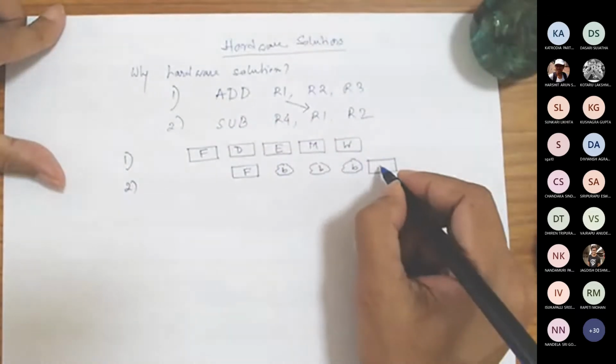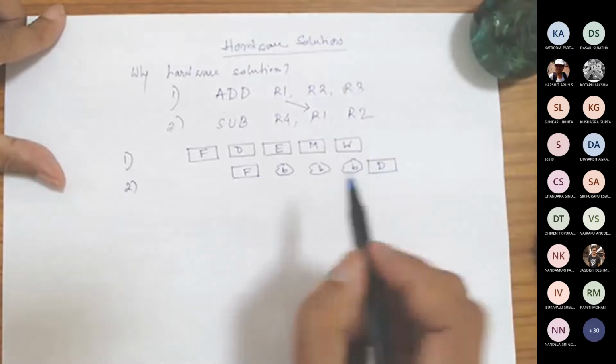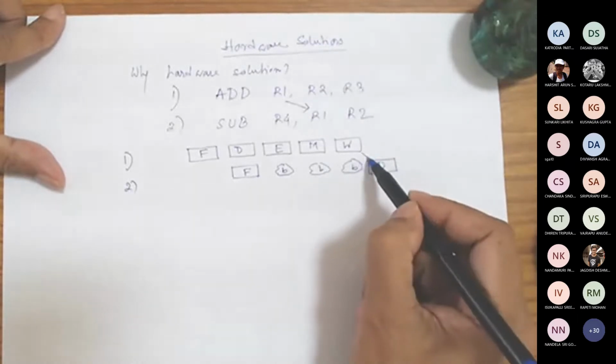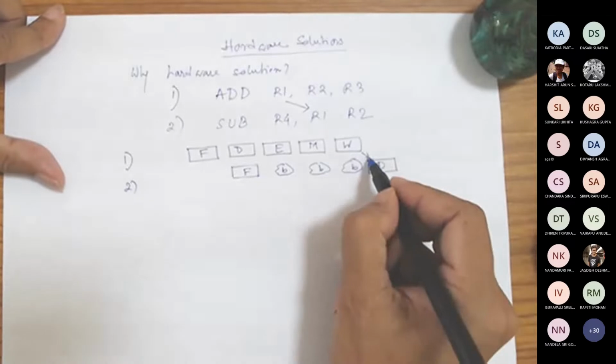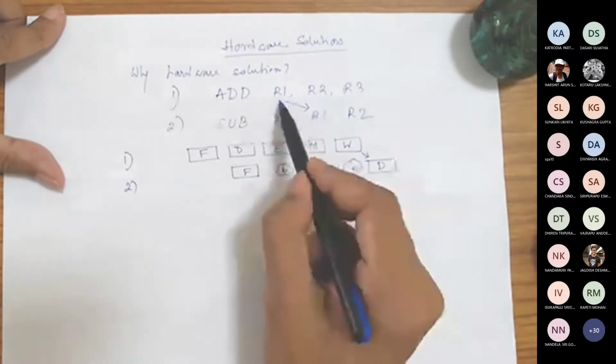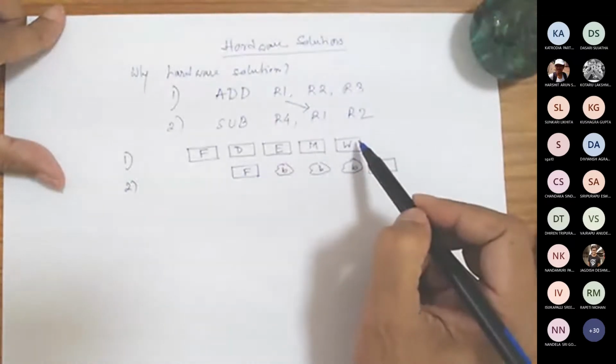And here the decode happens because of the dependency. The value of R1 is written back only at the write back stage of the first instruction.